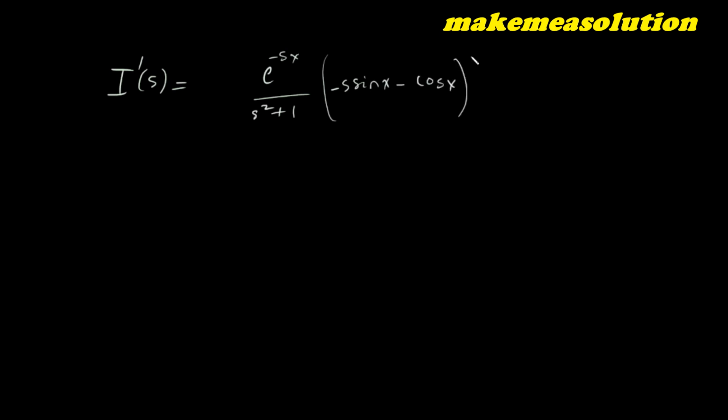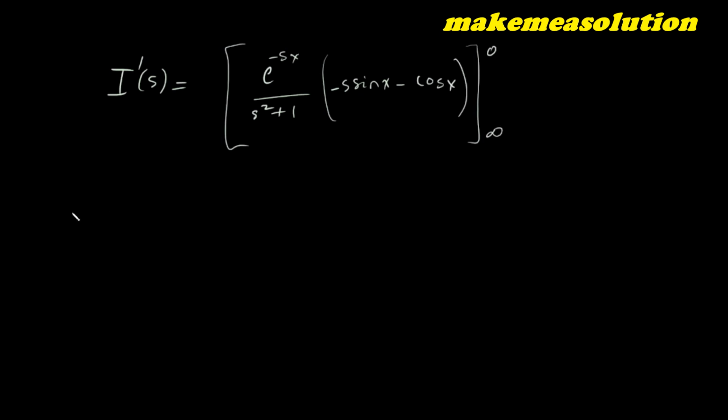So what we have right now is I prime of s is equal to e to the minus sx over s squared plus 1, times minus s sine x minus cos x, all evaluated from 0 to infinity.